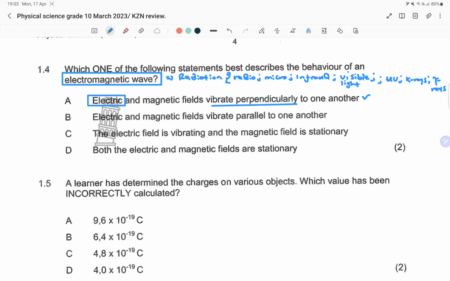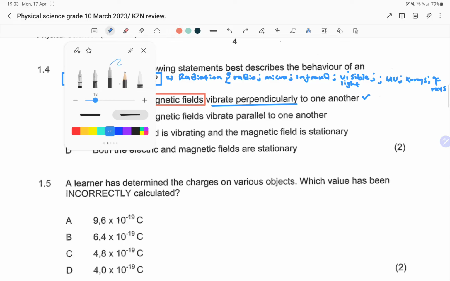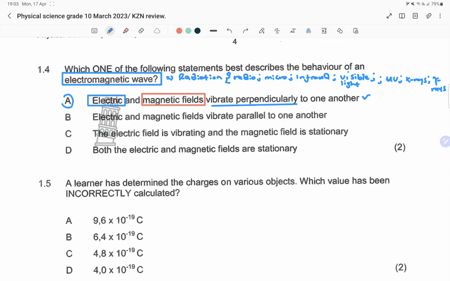And then there is also a magnetic field, because we know that anything that has a current will have a magnetic field as well as an electric field around it. Okay, that's interesting, but that is true. So if we wanted the statement that best describes that behavior, we already have found it. All right, so that is the answer already.